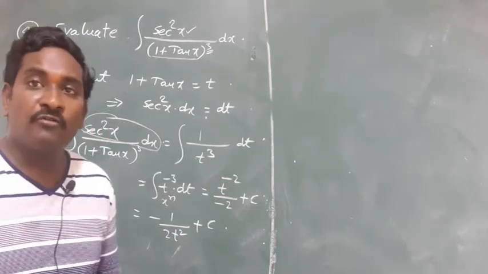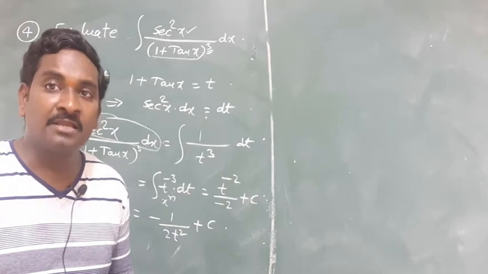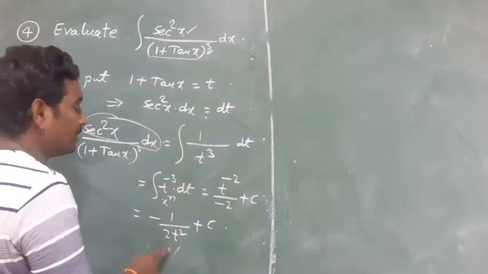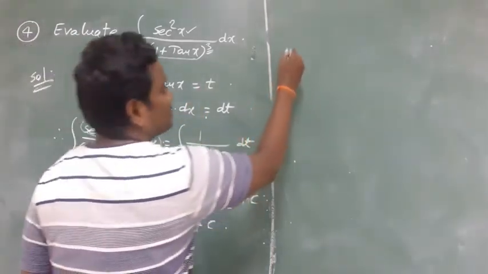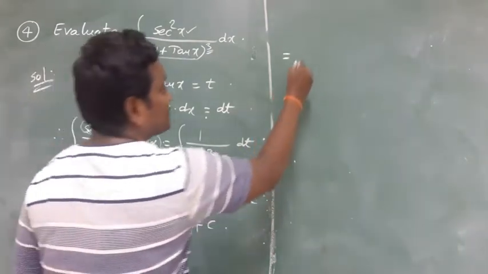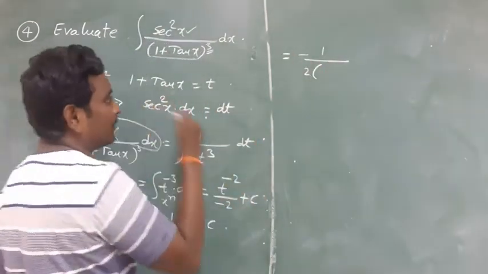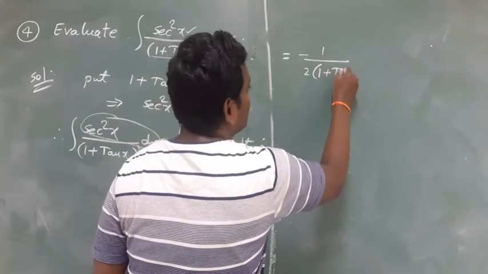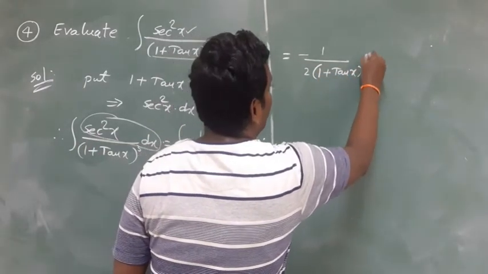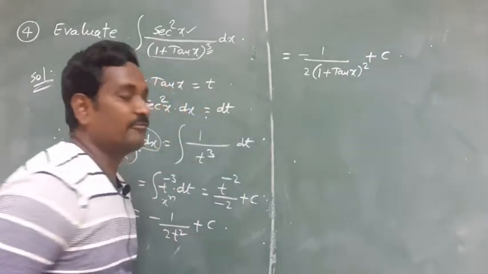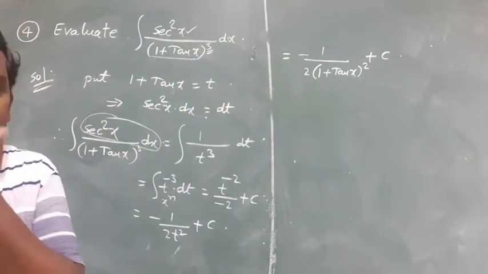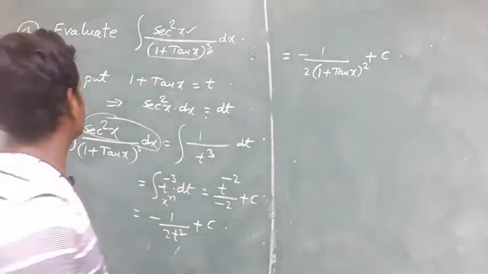Finally, don't forget to replace the value of t. What is the t value here? 1 plus tan x. So that is equal to minus 1 by 2 into 1 plus tan x whole square. Integration is completed, so we add the constant c. In this way we can crack the problem. Please see the next example.